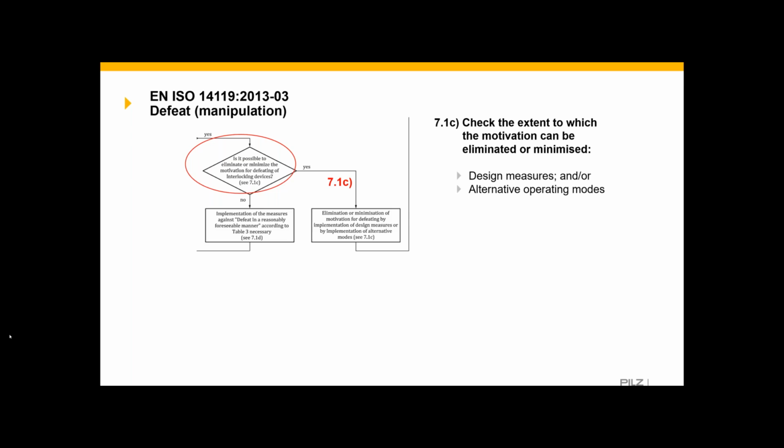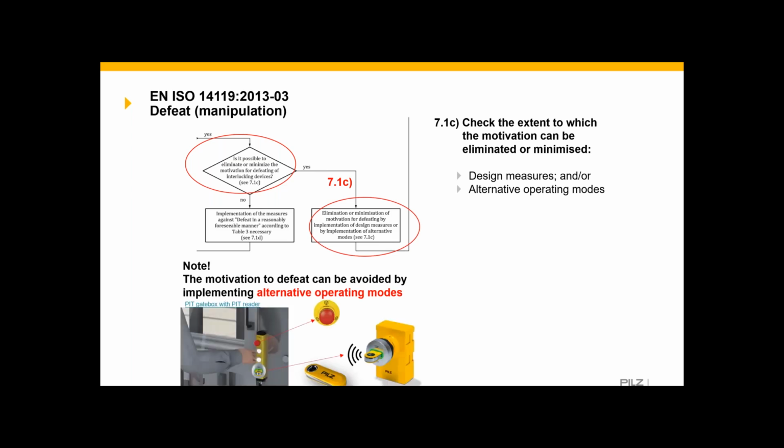And if we introduce modes of operation, this can make defeating the interlock by the interlocking device unnecessary or unattractive. So by introducing permission keys, such as our pit gate and pit reader, we can restrict operating conditions to only trained, competent, and authorized personnel. So only those trained and authorized personnel can operate the interlock and stop the machine, for instance.